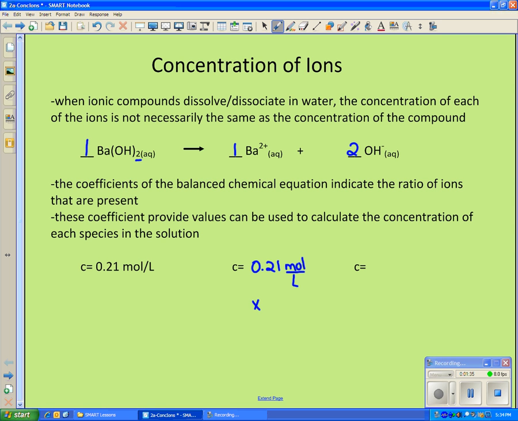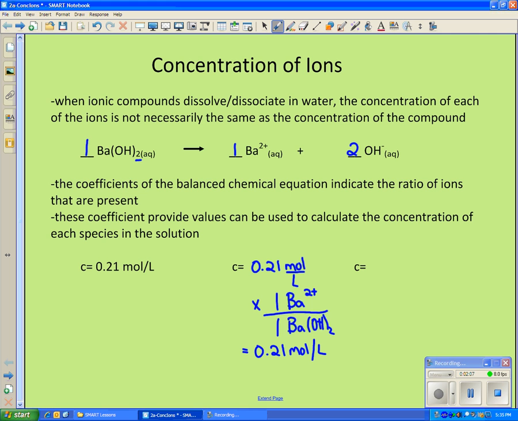So multiply by 1 barium ion, what we're trying to calculate, over top of every 1 barium hydroxide that we started with. That gives us the same answer numerically, 0.21 moles per liter, but now this moles is referring to the barium ion and not the barium hydroxide compound.